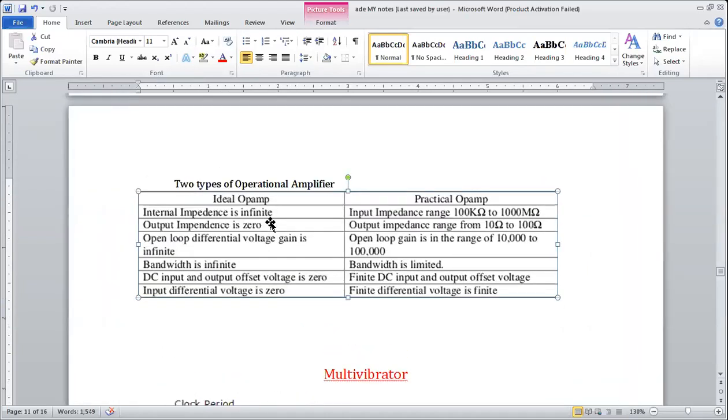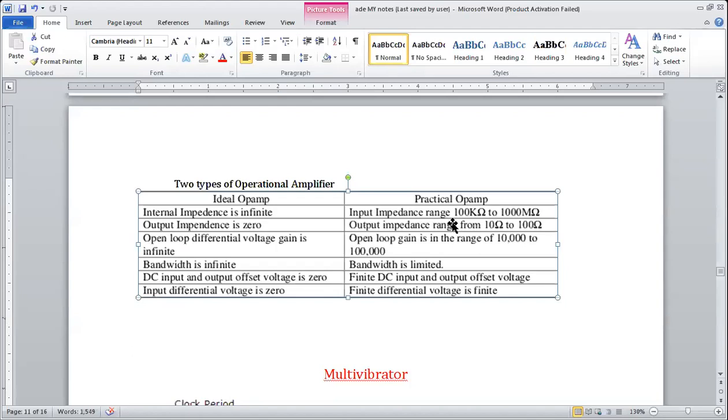So the first point is input impedance is infinite. Ideally, in general, we can say the input impedance is infinite. Practically, what is the range of input impedance?